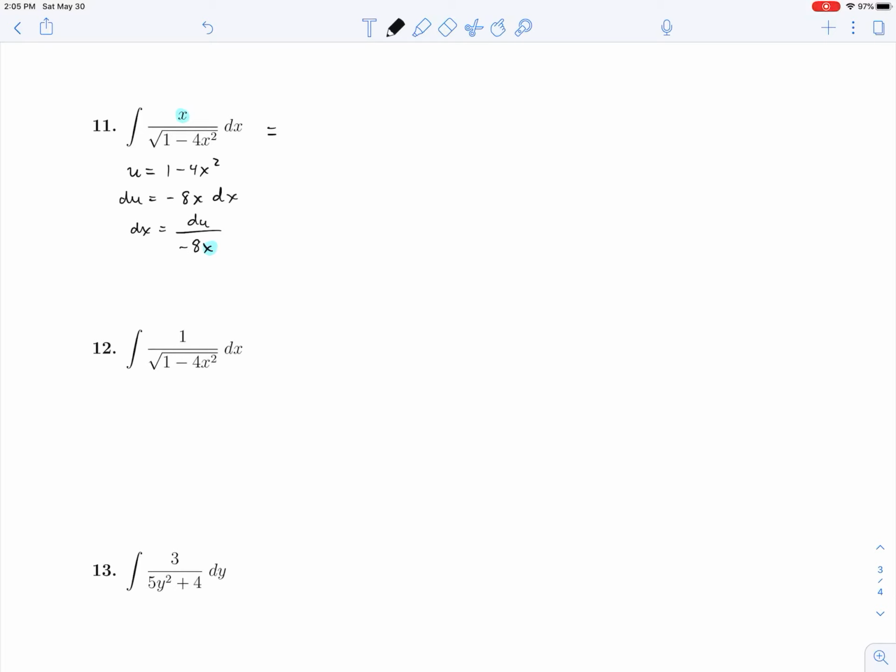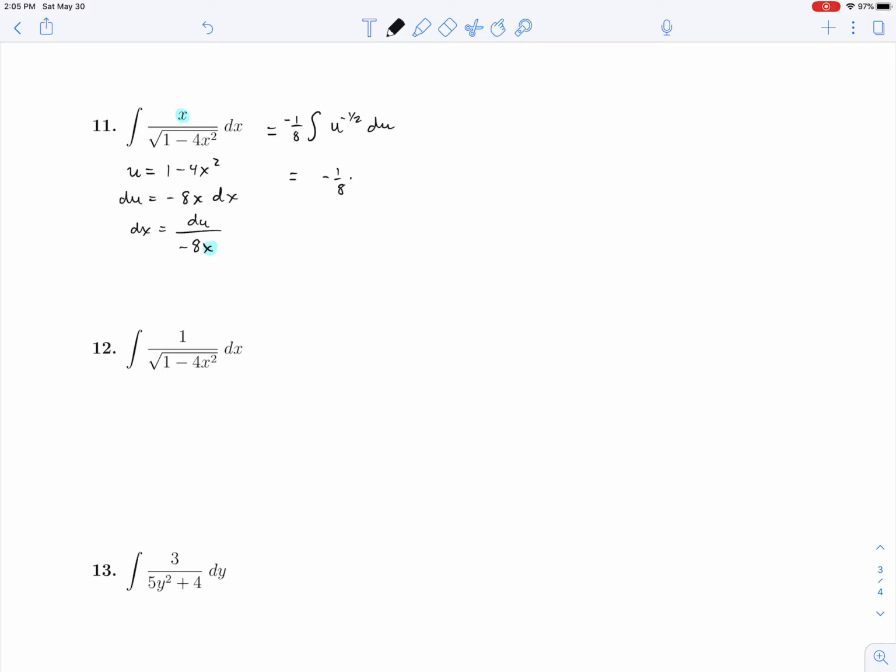So what we have is the integral of u to the -1/2 du. And we need to modify by pulling out the -1/8.